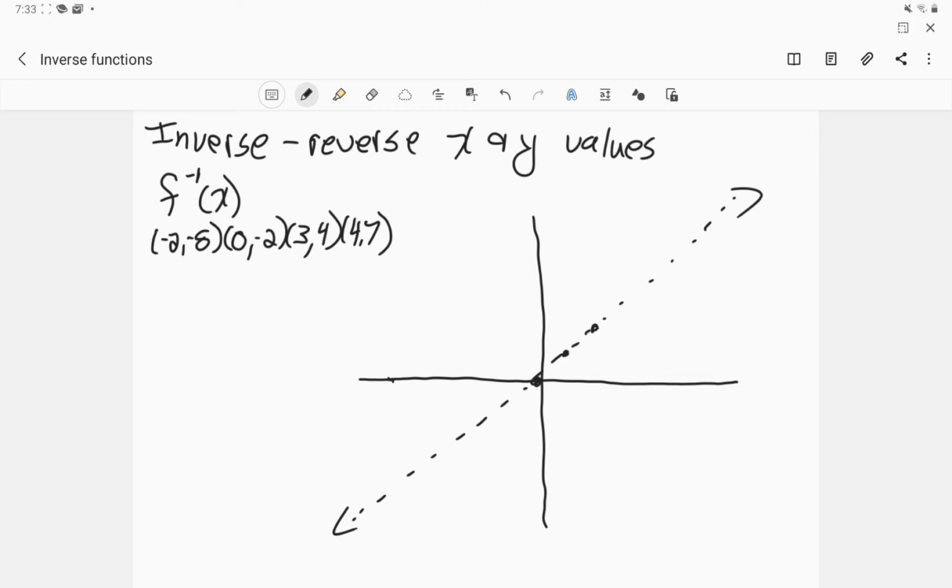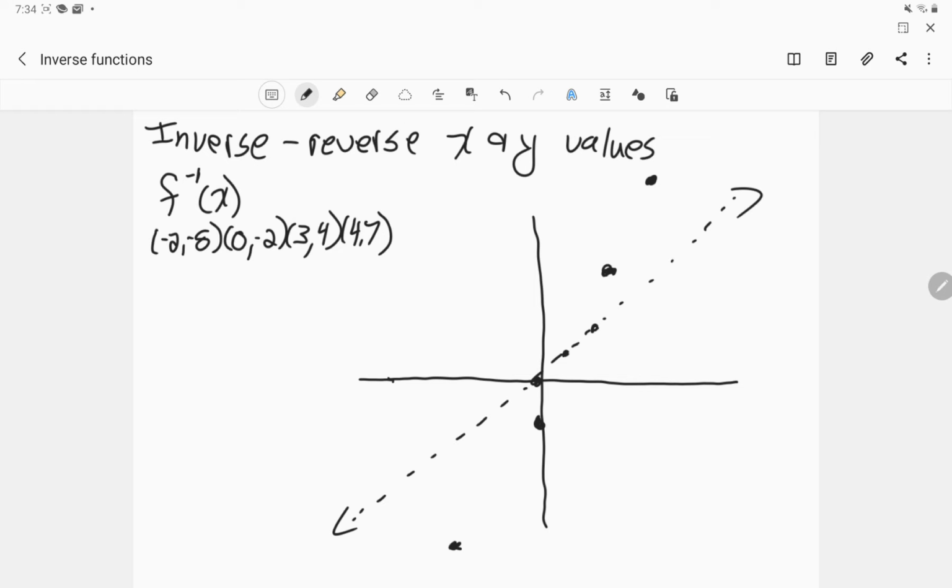So again, I'm just going to sketch it really quick. -2 and -8, let's say 1, 2, 3, 4, 5, 6, 7, 8, right about here. 0 and -2 is right about here somewhere. 3 and 4 would be 1, 2, 3 and 1, 2, 3, 4, right about here. And 4 and 7 would be 4, 5, 6, 7, right about there somewhere.